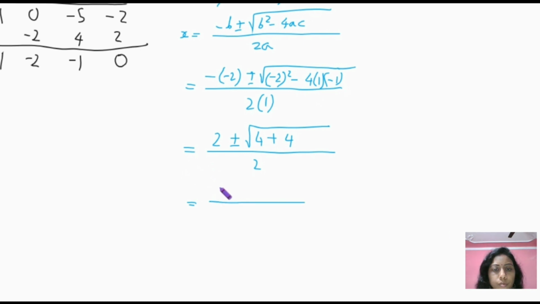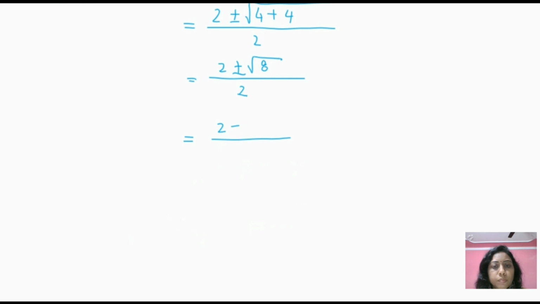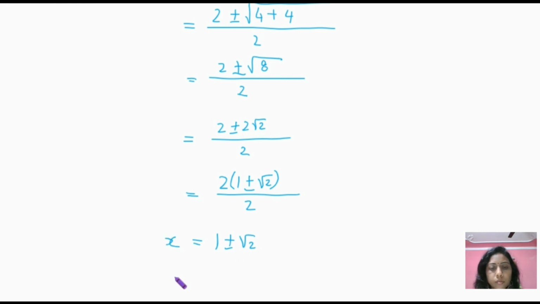So here 2 plus minus square root of 4 plus 4, which is 8, divided by 2. 2 plus minus square root 8, we can write 2 square root 2, divided by 2. We can take common 2 from the numerator and we get 1 plus minus square root 2 divided by 2. This cancels 2 and 2. We get 1 plus minus square root 2, and this is the x value.